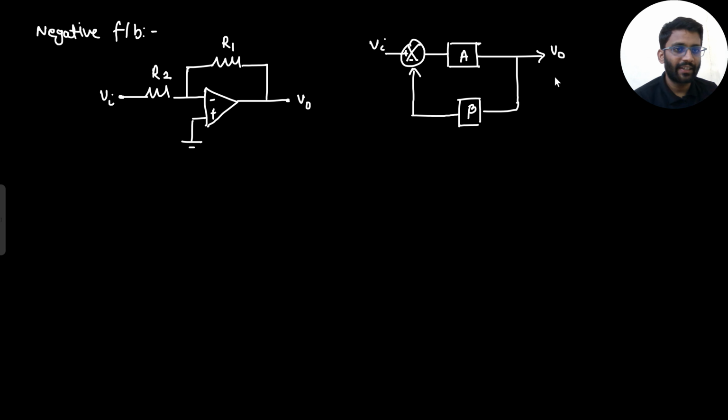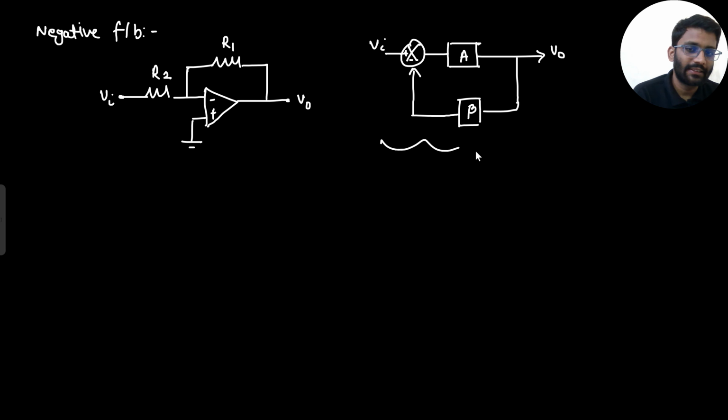So why is it called negative feedback? Negative feedback means if V naught increases, then we move around the circuit, then V naught should decrease. If V naught tries to increase, there should be some force that will take the V naught down. This is what negative feedback means. That V naught should not keep on increasing. If it tries to increase, there should be some force that takes it down.